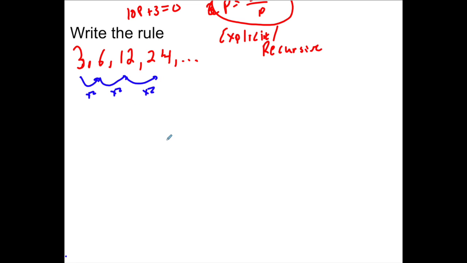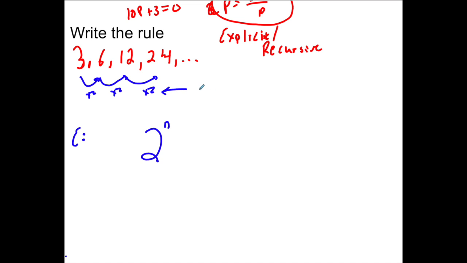So what we learned is that the idea of taking a number and multiplying it over and over a certain number of times is like raising it to a power. So for our explicit rule, we're going to have our ratio to the power of n, because we're multiplying by that ratio over and over.